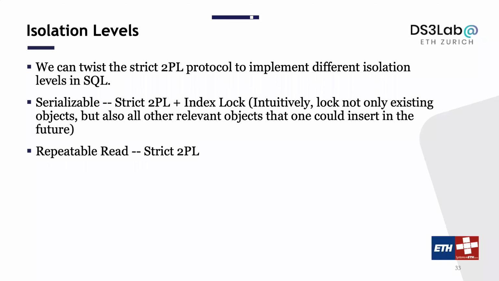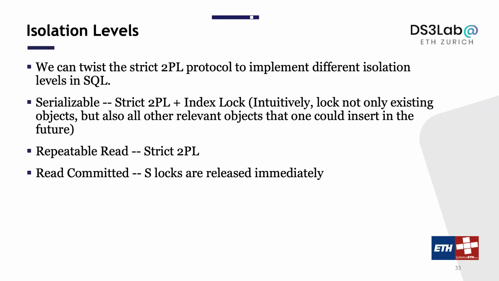If you simply do strict two-phase locking on tuples, that's going to give you essentially repeatable read. And if you say, here's my strategy: I ask you to have share locks and exclusive locks, but I release my share lock immediately after I read, then you enforce the isolation level read committed.